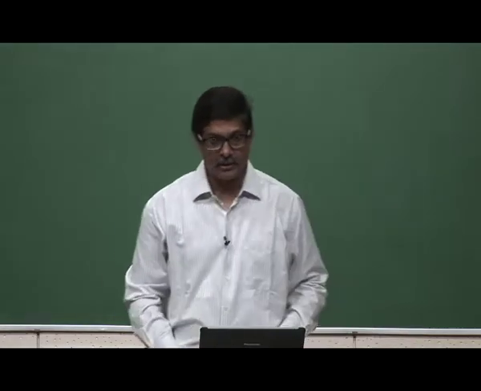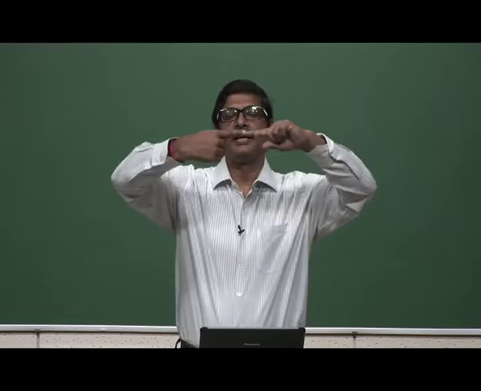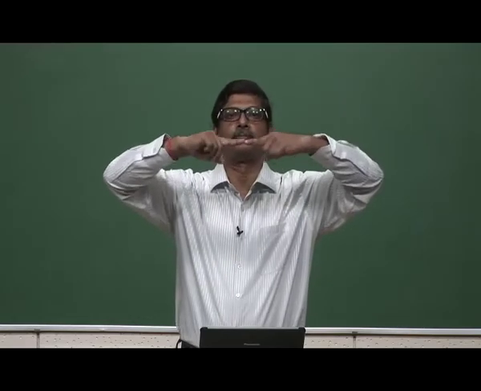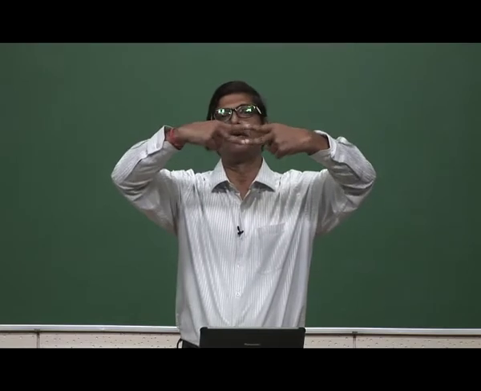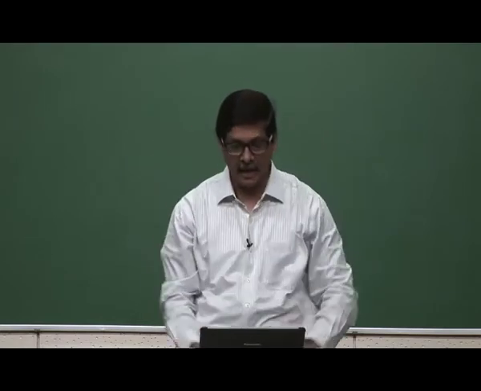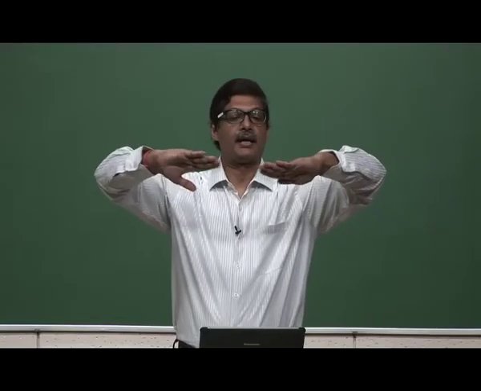As you know, if there is a single bond, then free rotation all around is possible, but if it is a double bond, then the rotation of these molecules is not possible. So, what is happening essentially is that once this peptide bond is formed, this and this actually behave like two planes. This is one plane, this is another plane.